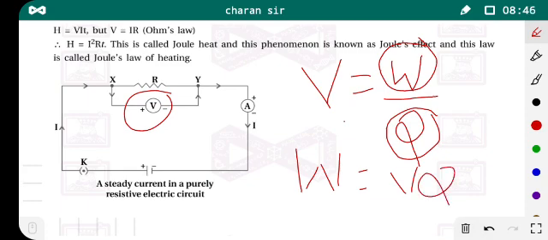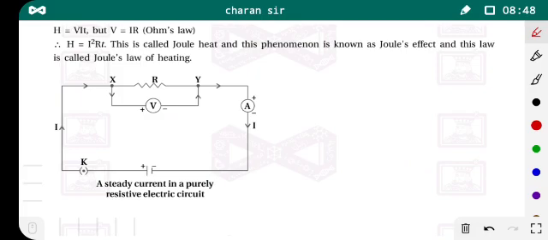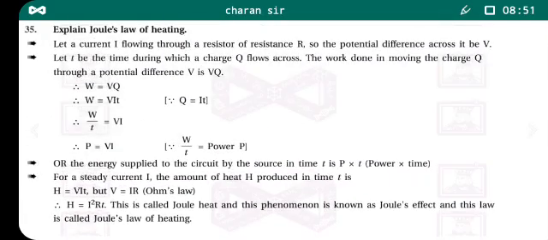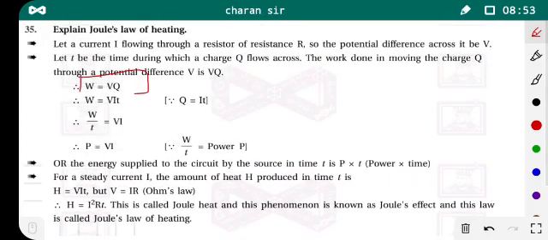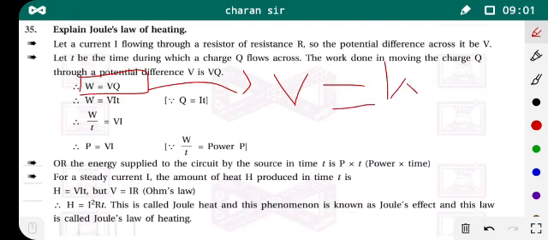So our first equation is W is equal to VQ. How can this equation be arrived at? We know that potential difference is defined as the work done per unit flow of electric charge.